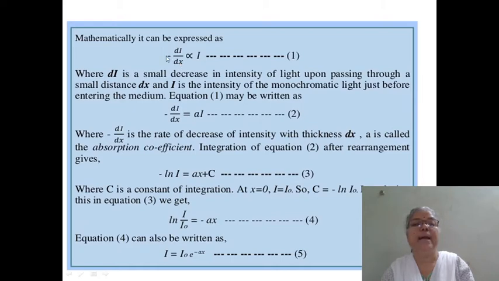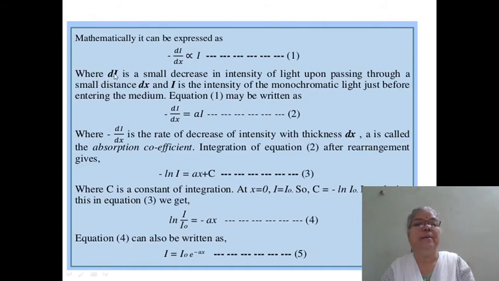Therefore, we can say that minus dI by dx is proportional to I. This is the mathematical equation of Lambert's law. Here dI by dx is the rate of change of intensity of incident radiation with thickness, and since it decreases, there is a negative sign, and it is proportional to the intensity.